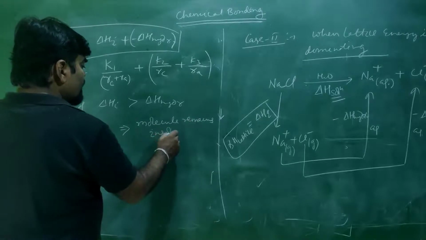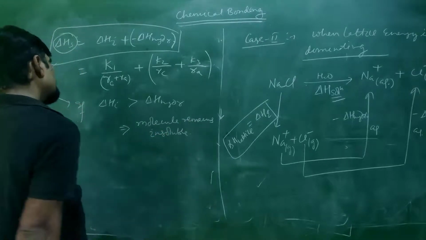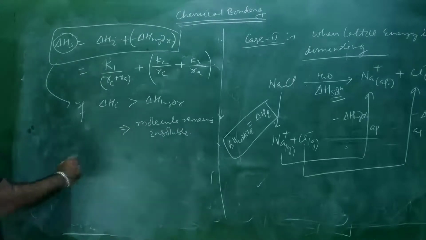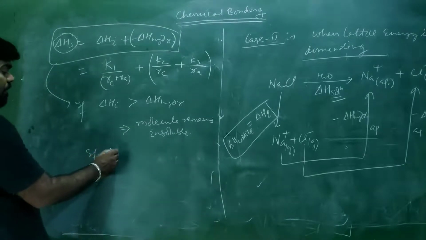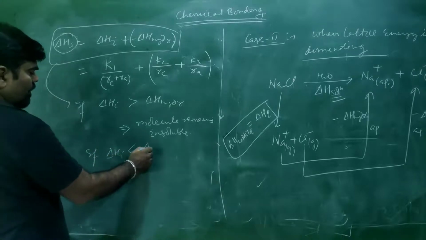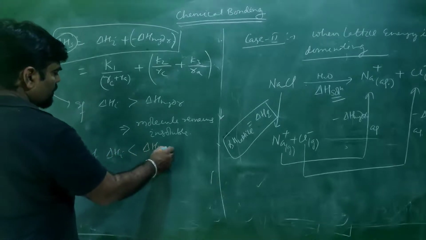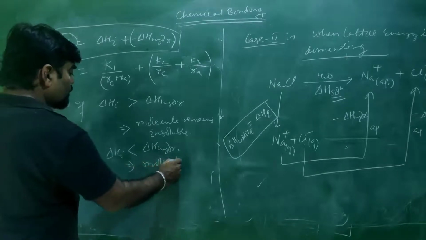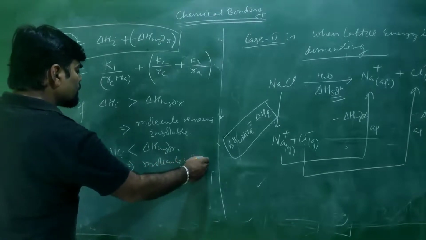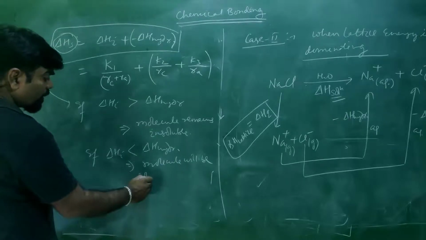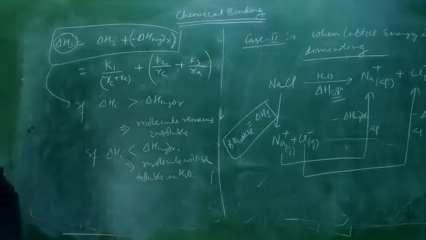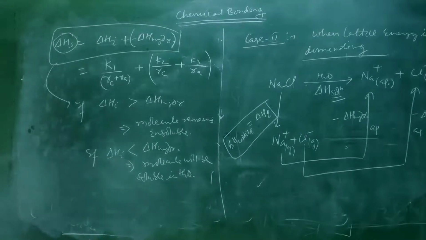If ionization enthalpy is more than enthalpy of hydration, then the molecule remains insoluble. If ionization enthalpy is less than enthalpy of hydration, then the molecule will be soluble in water.